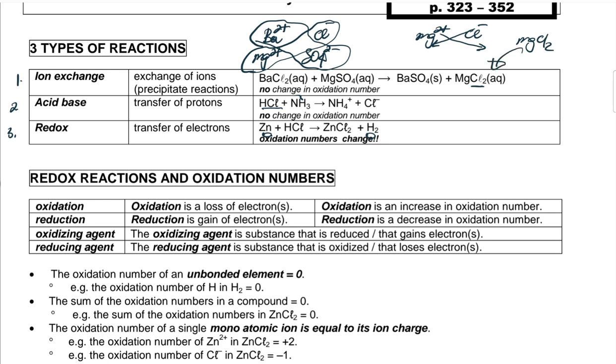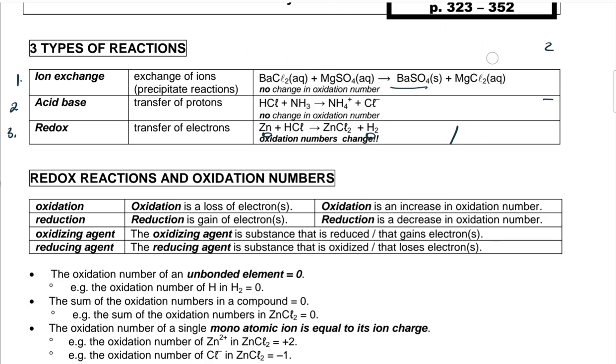And what about Ba2+ and SO4 2-? So these ions cancel out, then we'll be left with BaSO4. Okay, so that one is an ion exchange.